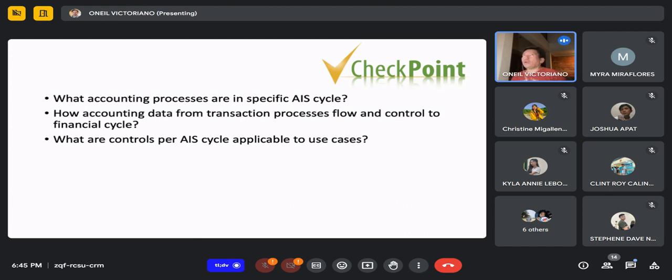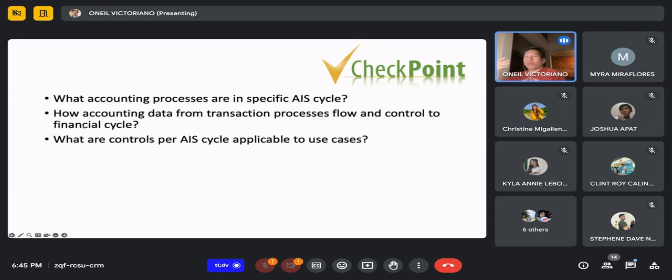So for example, doing sales and accounts receivable, that's part of the sales cycle or revenue cycle. Creating a PO is part of the expenditure cycle. So how does accounting data from the transaction processes flow and control to the financial cycle?